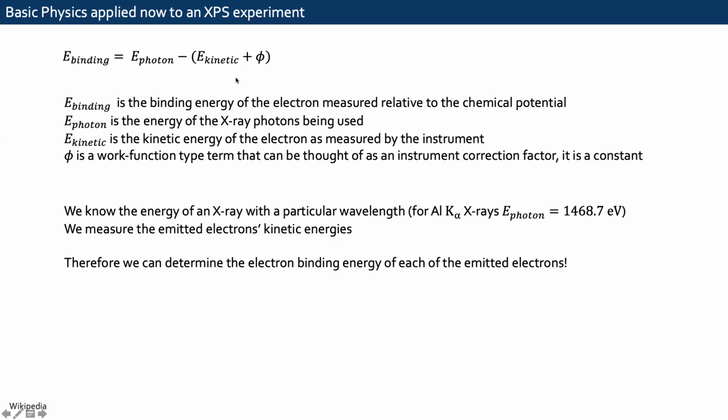You measure the emitted electrons' kinetic energies, and once you measure the kinetic energies, that's how you can then calculate the binding energy. This is the information that's very particular to each element and the different oxidation states of each element.